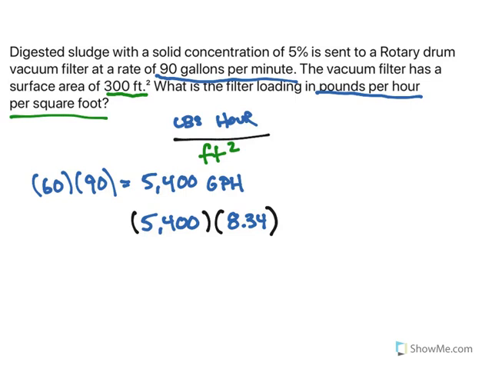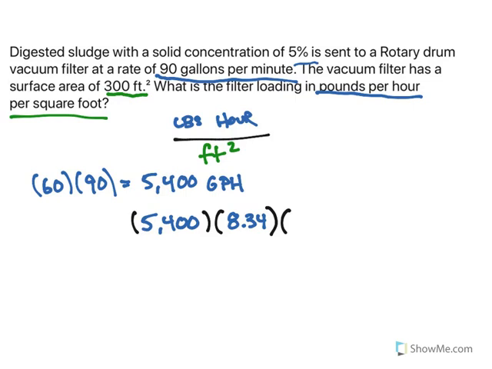But this question, even though it doesn't specifically say pounds of solids per hour, we are trying to calculate the pounds of solids applied to the filter. Again, another one of these questions in the homework that maybe isn't worded quite as well as it could have been. So we're told that the sludge has a solids concentration of 5%.